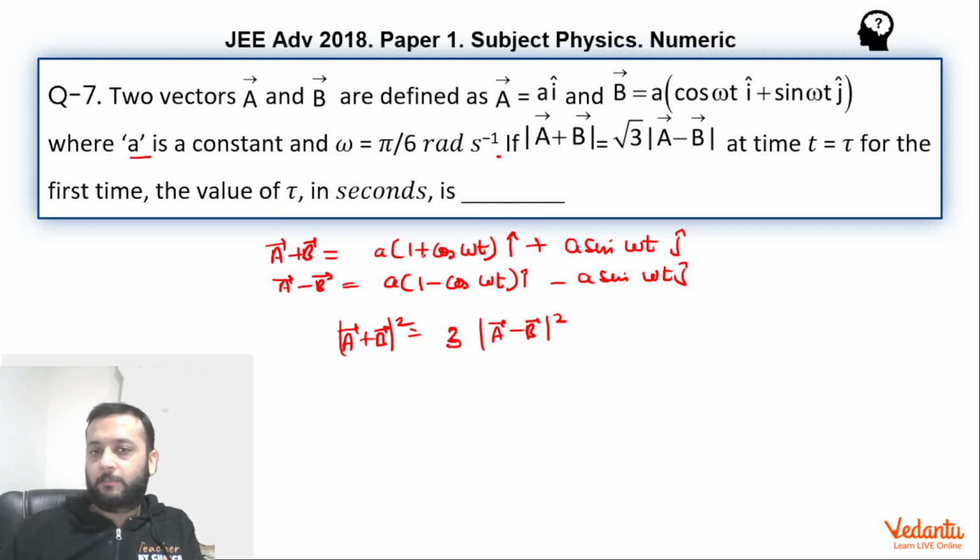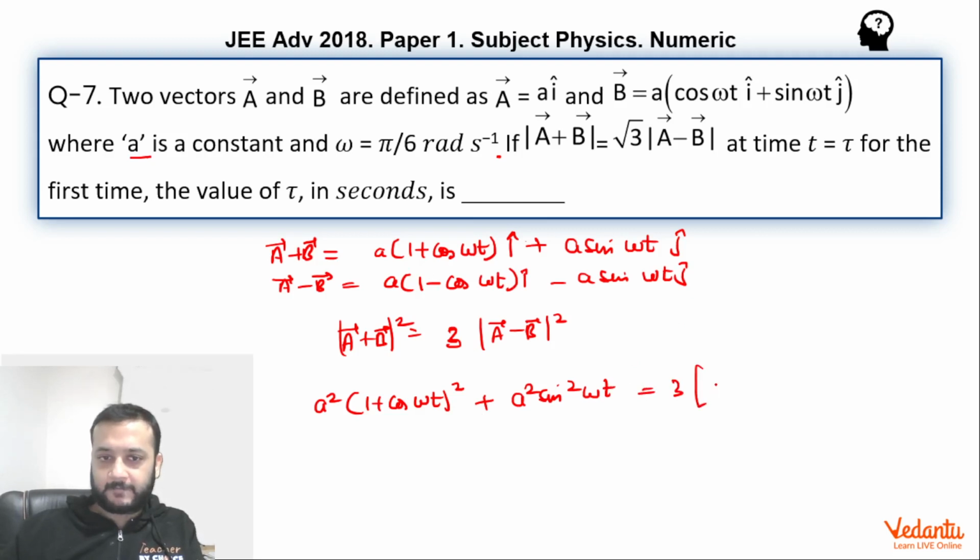Basically the mod square of this will be a square into (1 plus cos omega t) squared plus a square sin square omega t. This is |A plus B| squared, right? This should be equal to 3 times |A minus B| squared, so that will be 3 times a square into (1 minus cos omega t) squared plus a square sin square omega t, since the minus becomes plus on squaring, right?